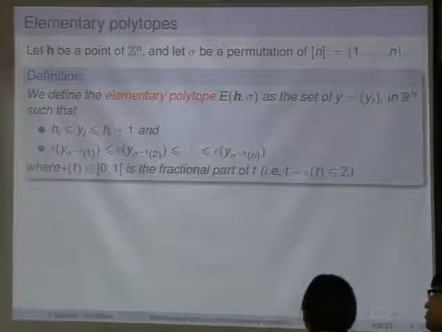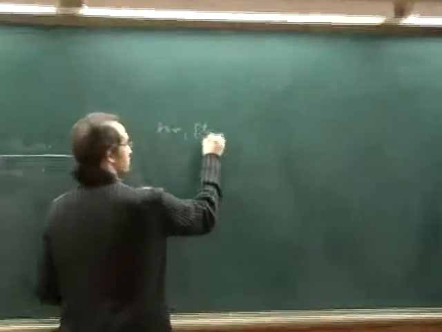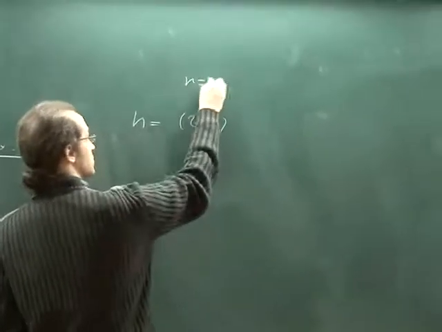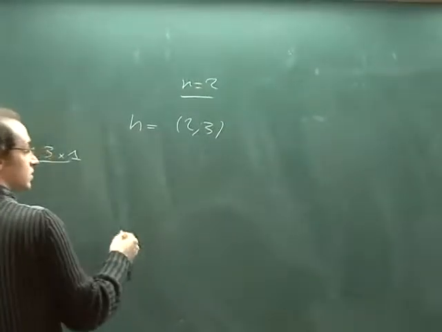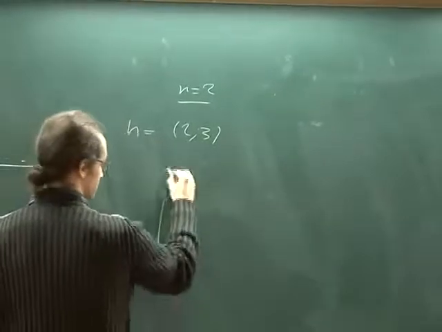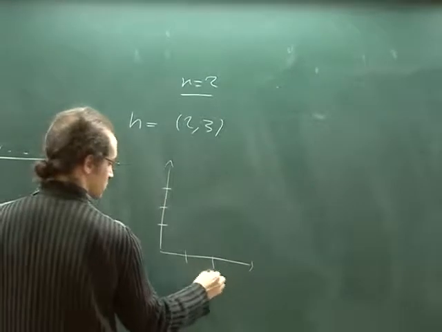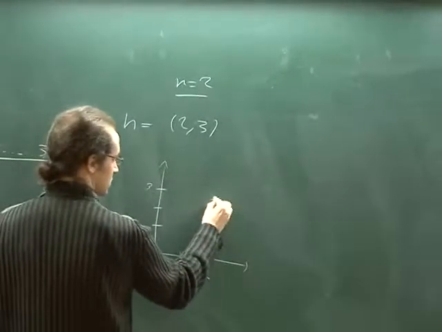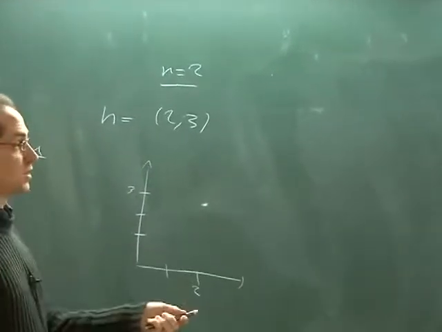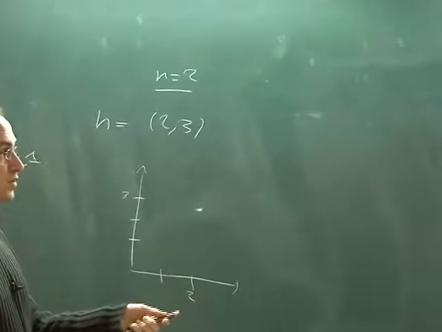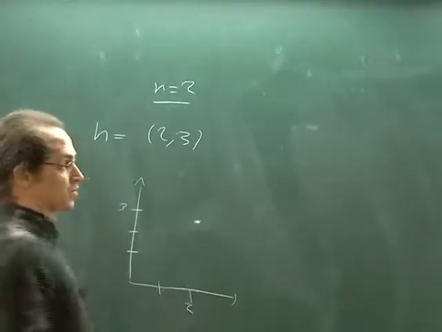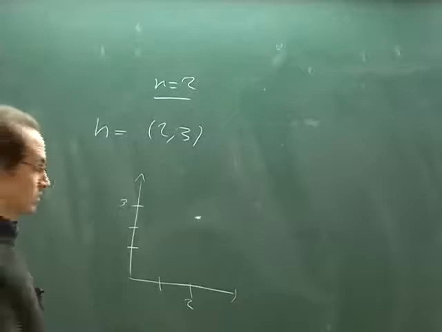For instance, if h equals 2, 3, with n equals 2, then you have 2, 3, h is here, and already you want these conditions, so y1 has to be between 2 and 3.